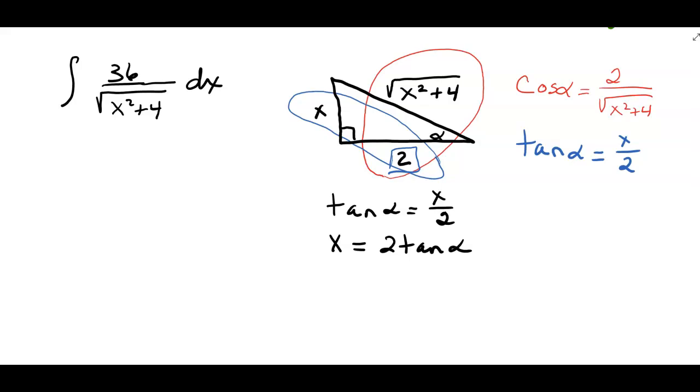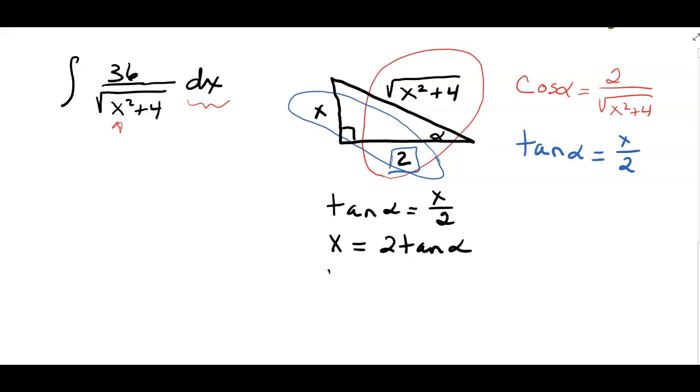And when we do substitutions, it's not just x we need to sub out, we also need to sub out our dx. So let's come up with a dx, because the one in blue is way more basic, way easier to get a function and to develop a dx from, compared to cosine alpha equals 2 over radical x squared plus 4. So now what I want you to do is find the derivative of x with respect to your angle.